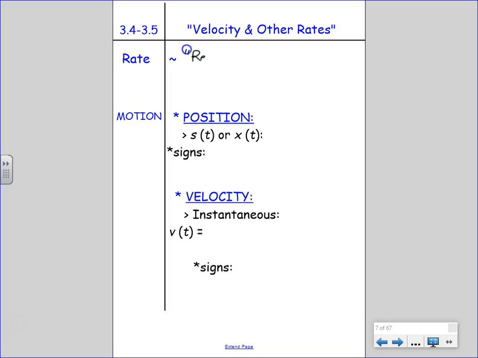This isn't our entire coverage of related rates, but just a quick review, because we have an intro to related rates in this section. You guys have already seen it a couple times in other sections as well.